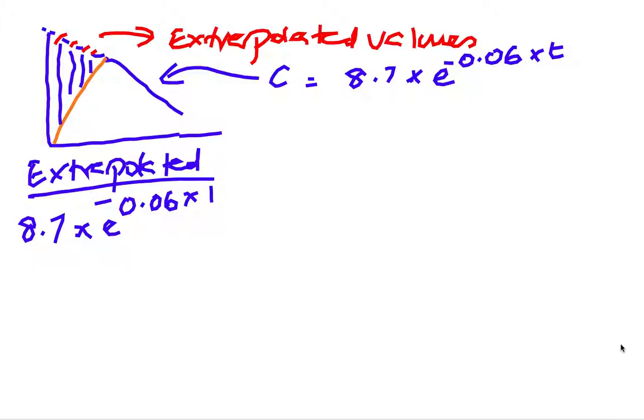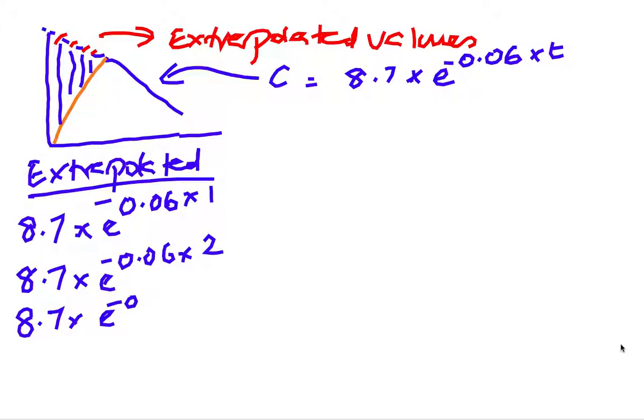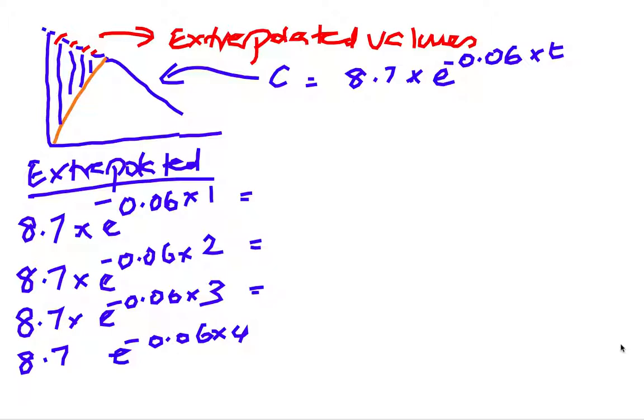The second is 8.7 times e raised to negative 0.06 times 2. The third is 8.7 times e raised to negative 0.06 times 3. And the fourth and final is 8.7 times e raised to negative 0.06 times 4. You can calculate that using your calculator.